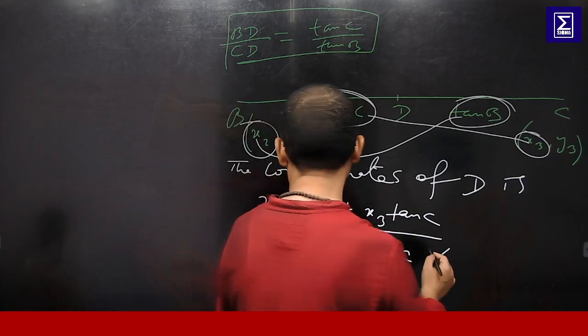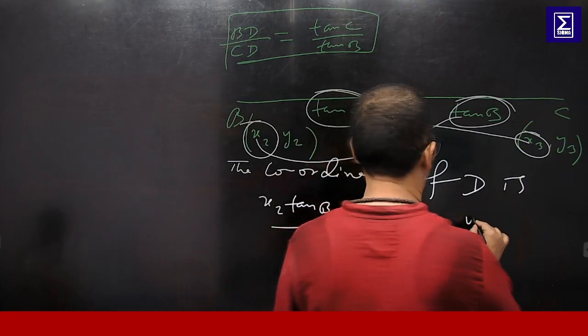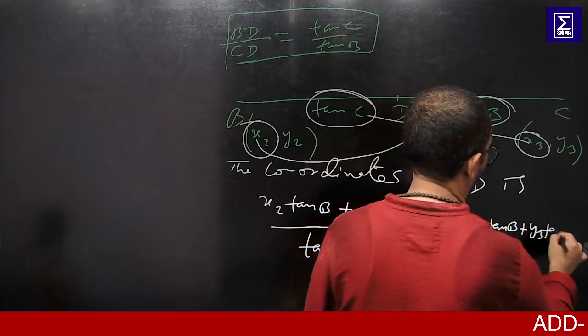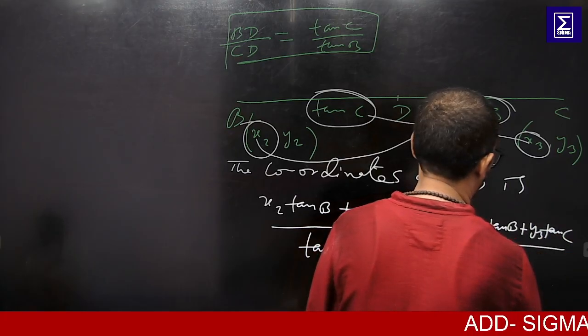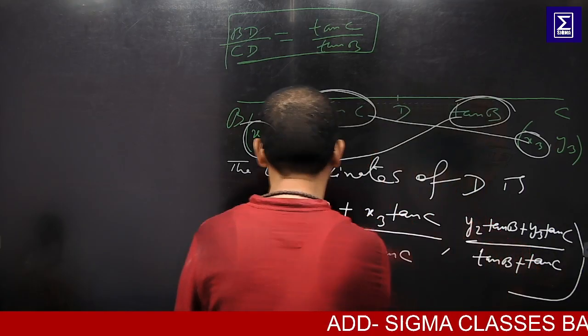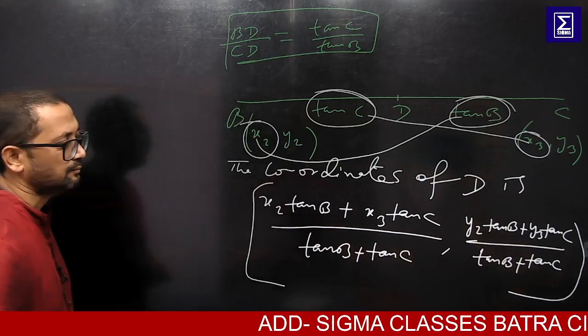What is the y coordinate? In a similar way, y2 tan B plus y3 tan C upon tan B plus tan C. Is that clear?